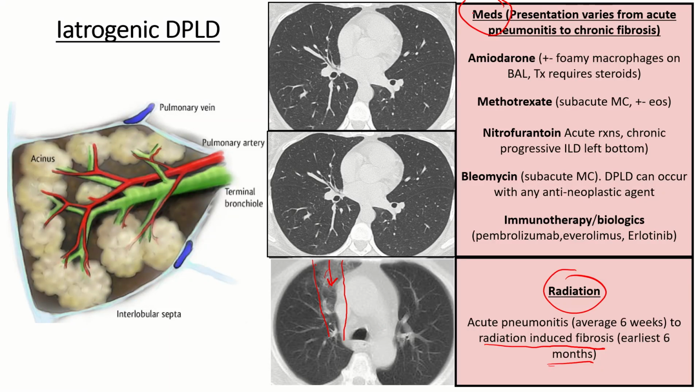Lastly is meds. So how do meds produce diffuse proliferative lung disease? Really in 2 ways. One, they can produce hypersensitivity reactions. So the common one with that would be methotrexate. Amiodarone can do a hypersensitivity reaction, as well as nitrofurantoin acutely.